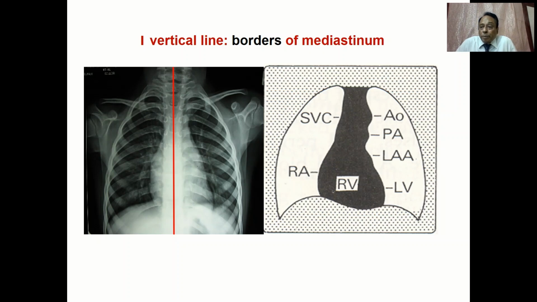The right border from above downwards is the superior vena cava, and below it the right atrium. Whereas on the left side, four structures from above downwards: aorta, pulmonary artery, left atrium, or sometimes we call it the left atrial appendage, and left ventricle. Then where is the right ventricle? Right ventricle actually forms the base of the mediastinum.